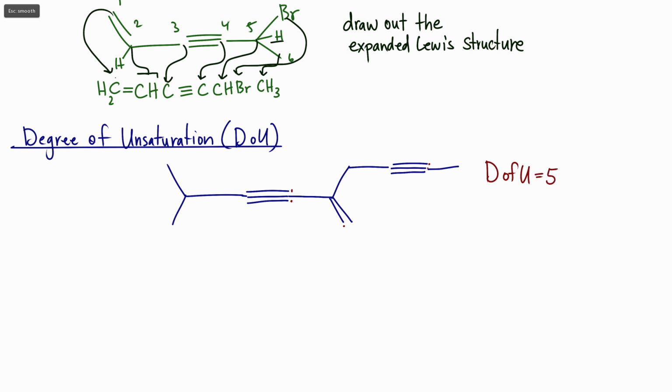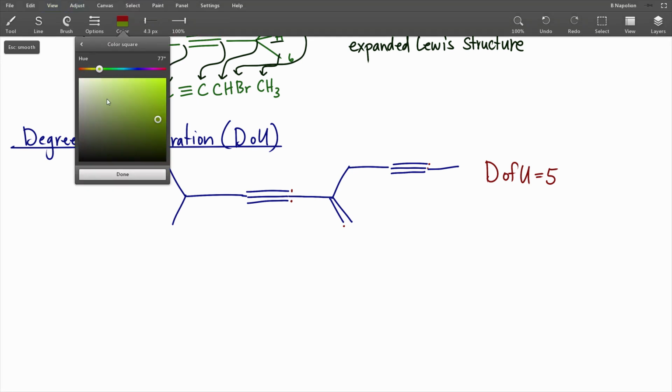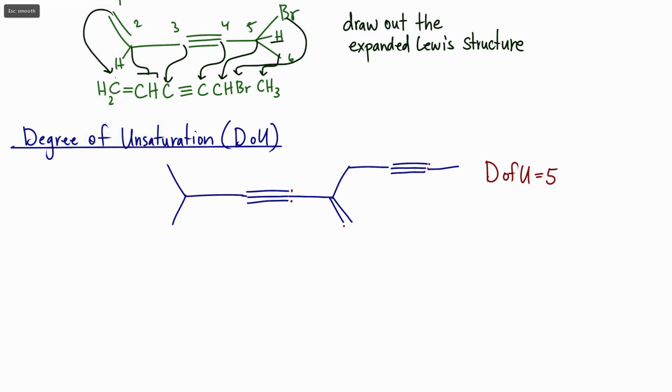Okay? So we remember that the ring counts also as 1 degree of unsaturation. Now we can do a long-handed version and calculate it. So this is a what? CH3. This is a CH3. This is a what? CH. This is carbon, carbon, carbon. This is carbon with what? 2 hydrogens.